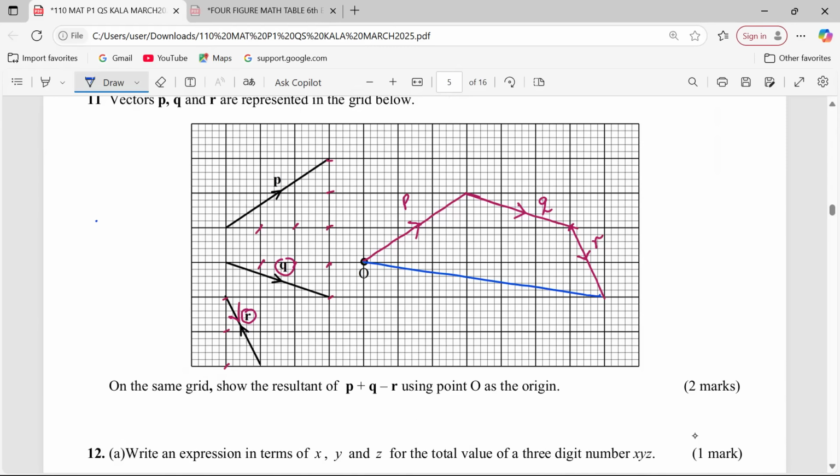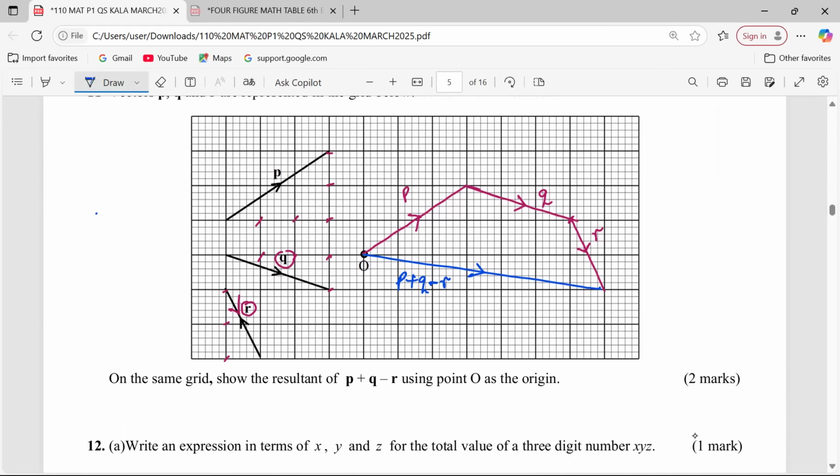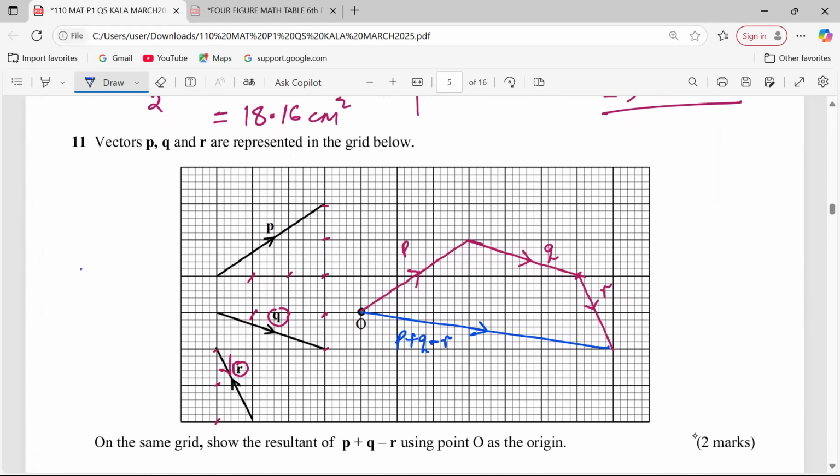Yeah, that way. So generally this one is going to be P plus Q minus R. So that's how we handle the vector. Very simple question for 2 marks.